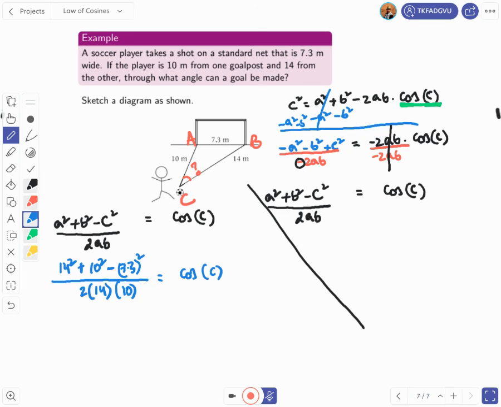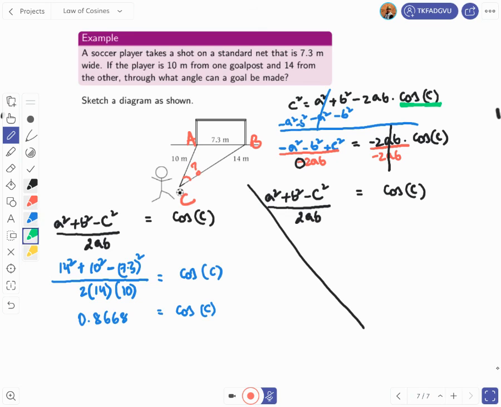I'm using my calculator, so I closed my parenthesis. For the denominator, I opened another parenthesis: 2 times 14 times 10. Then the result is 0.8668. That's the value of cos C.